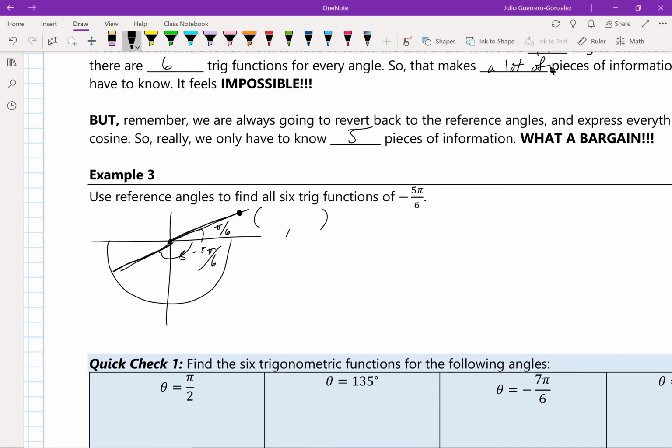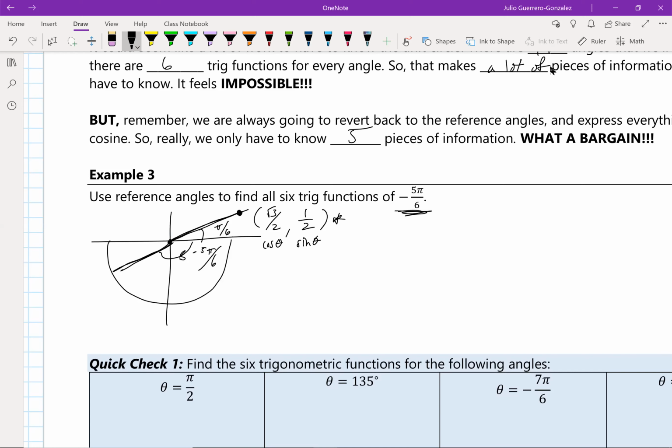If you guys have it handy, this is going to be root 3 over 2, 1/2. That's basically all we need, because we know what cosine theta and sine theta are from just that point. So once this is done, we are off to the races, because we know where this lives and we know the reference points for them.